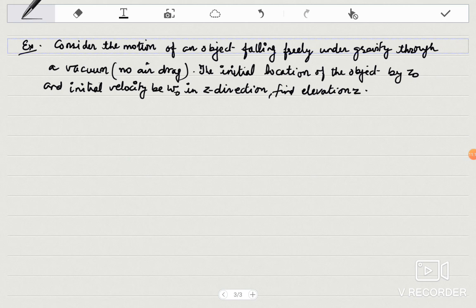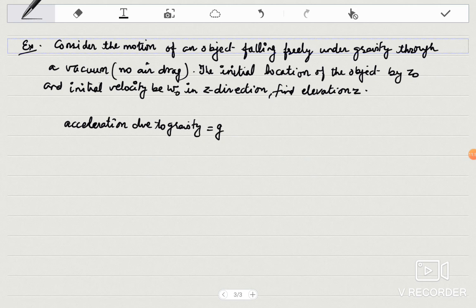In problems or physical phenomena where we want to parameterize the variables or introduce non-dimensional parameters, you will see that the experiment itself will introduce the variables involved in the problem. For example, in this problem, what are the variables? Consider the motion of an object falling freely under gravity. So the parameters involved are the acceleration due to gravity, that is g.